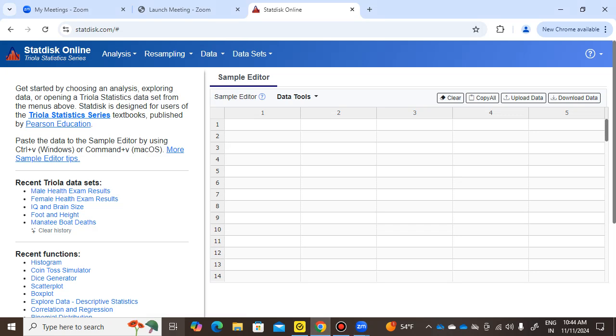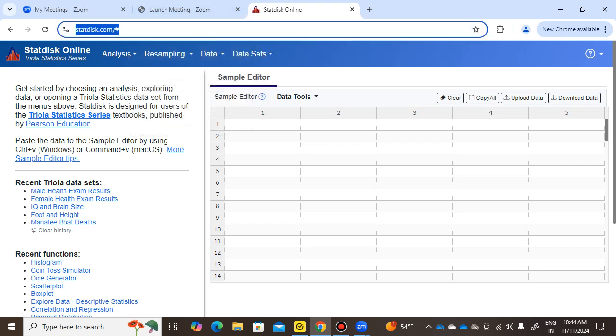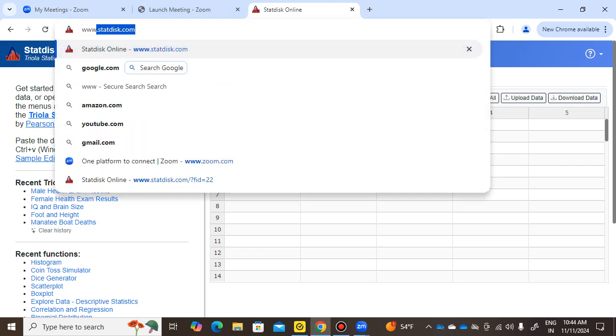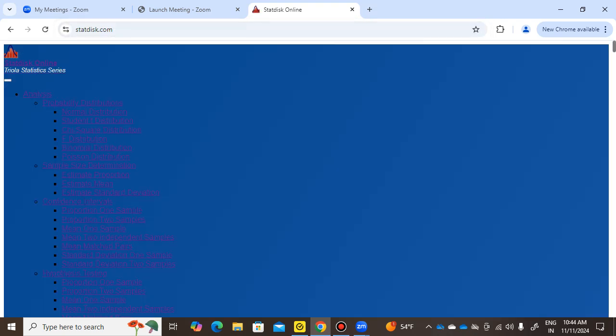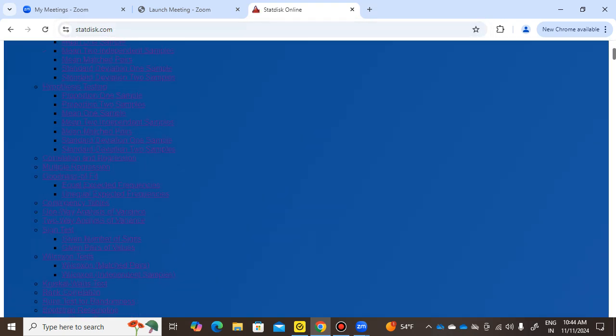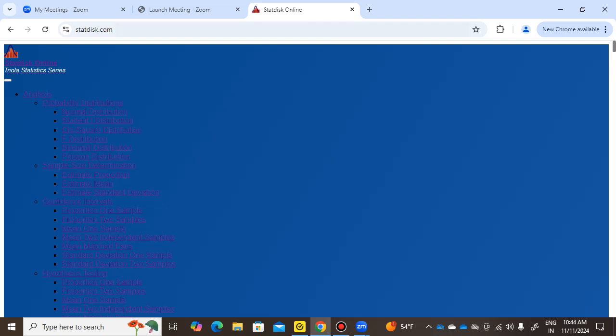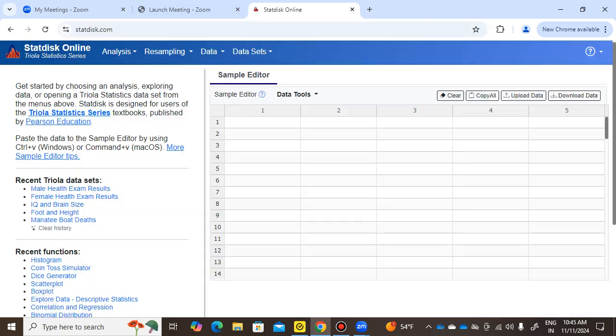So in another tab, just go to, let's type in www.statdisk.com, and it goes right to this page that looks now different. There it goes to this.